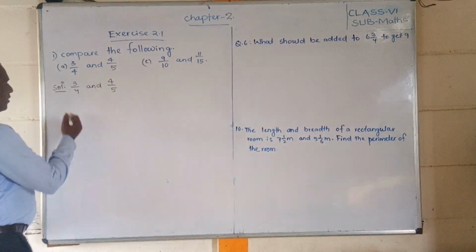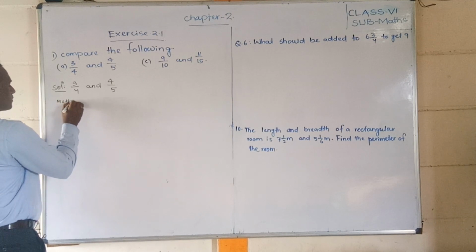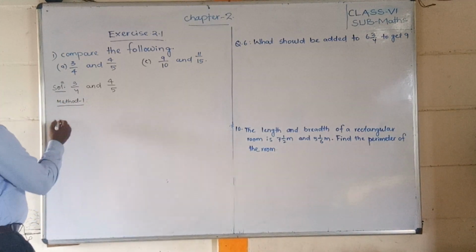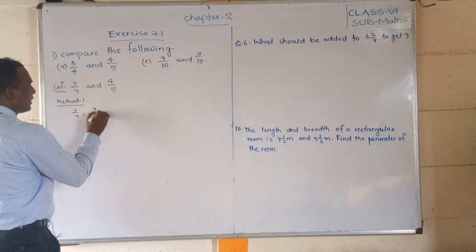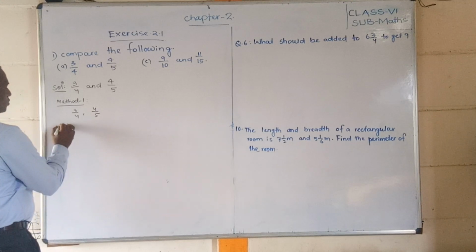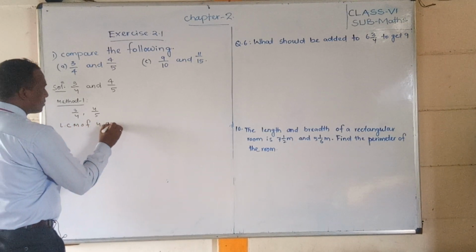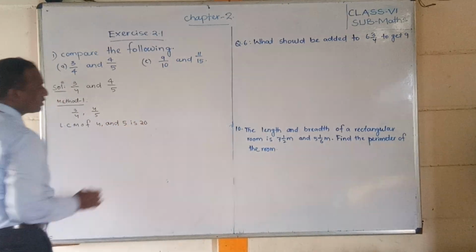The first method, I will make them like fractions. So, method 1. The two fractions are 3/4 and 4/5. So what is the LCM of 4 and 5, friends? 20.